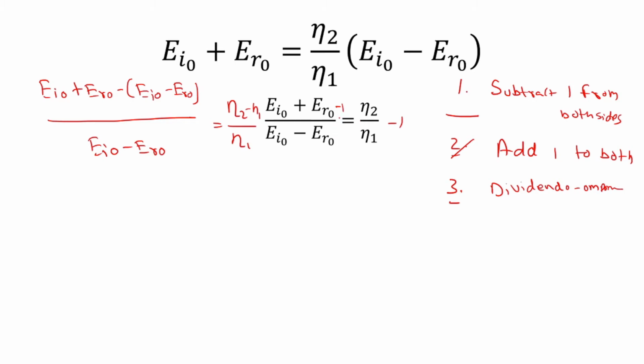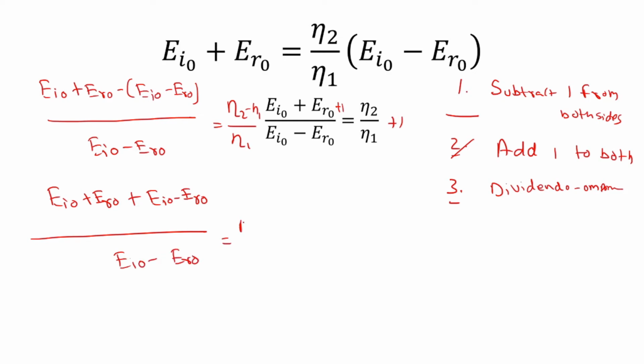If I add 1 to both sides of this equation, I get Ei naught plus Er naught plus Ei naught minus Er naught, divided by Ei naught minus Er naught, equal to eta 2 plus eta 1 by eta 1.